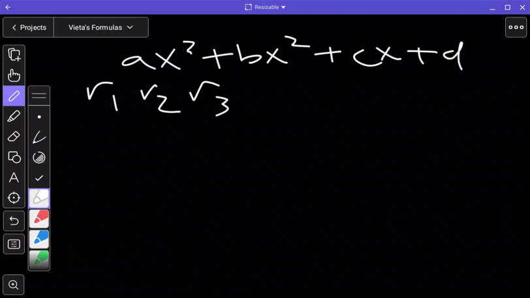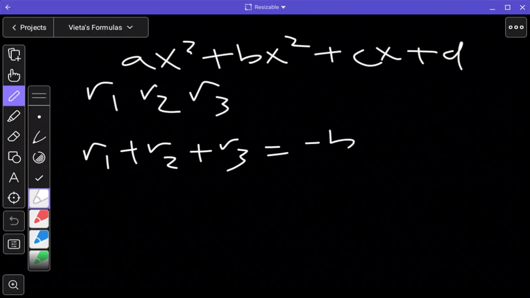It turns out that the sum of the 3 roots is still negative b over a. And also, no matter what degree your polynomial is, the sum of all of your roots will always be equal to negative b over a, even if you have like a 99 degree polynomial. So that's useful to know.